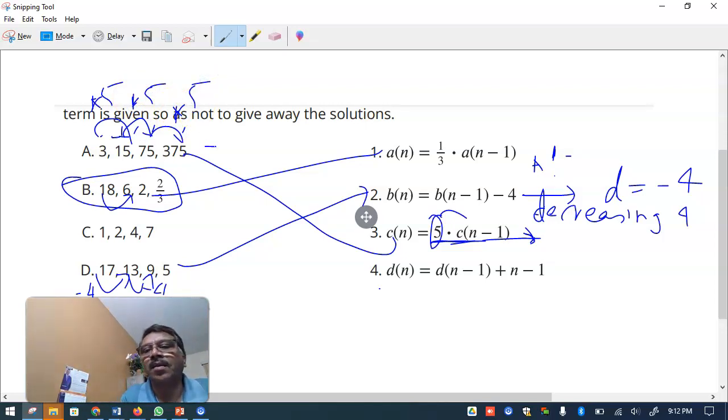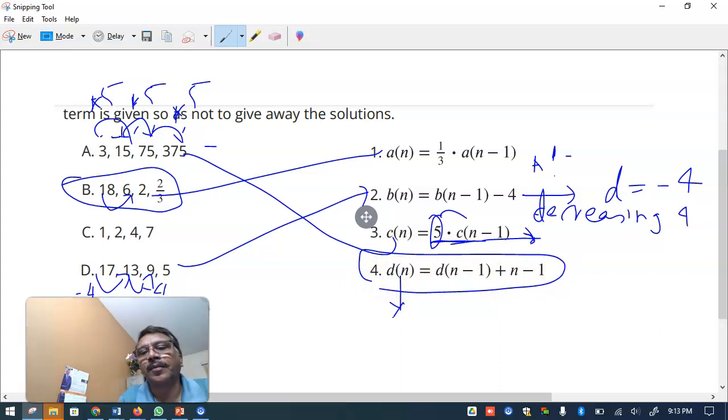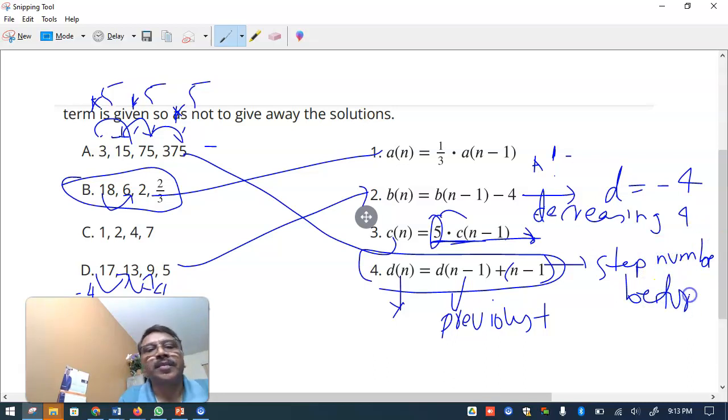And the final one, what does this basically mean? Any term is the previous term plus n minus 1. Now, what is this? It is the step number before. So you can see here, let's talk about this part.